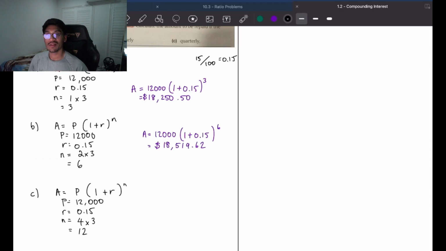So every 3 months, it basically gets interest on top of the interest it's earned. So in the formula, we'll get A is equal to 12,000, 1 plus 0.15, and now my compounding periods has changed to the power of 12.